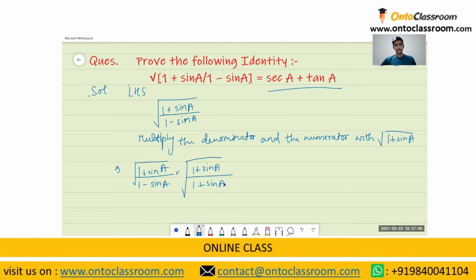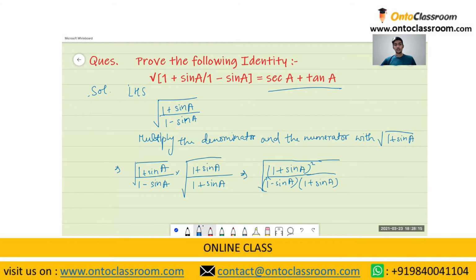Of course this won't change the nature of the equation altogether, so we can do that. So now we take it under a big under root. So we have 1 plus sin A into 1 plus sin A is 1 plus sin A whole square, divided by 1 minus sin A into 1 plus sin A. All of this is in the under root.